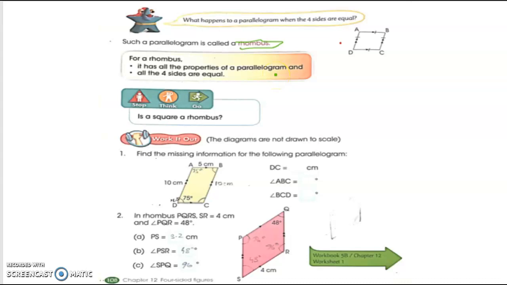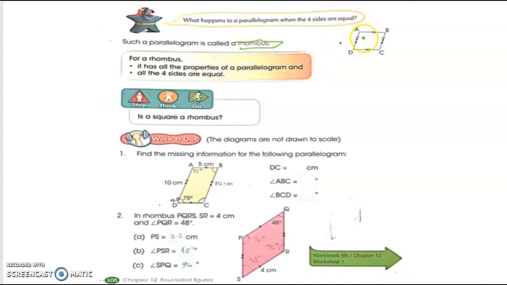That means they have pairs of parallel sides. The opposite sides are equal, but in the rhombus, the four sides are equal. It has all the properties of a parallelogram, and for a rhombus, all four sides are equal.